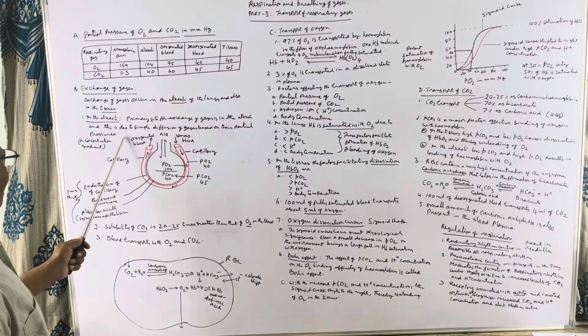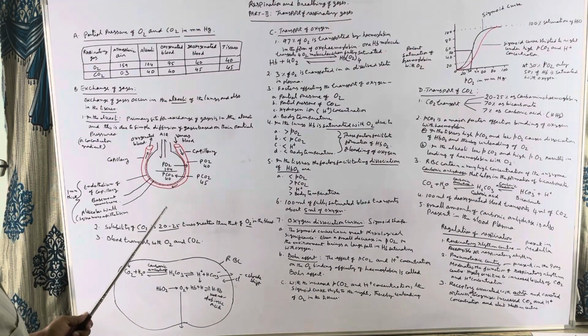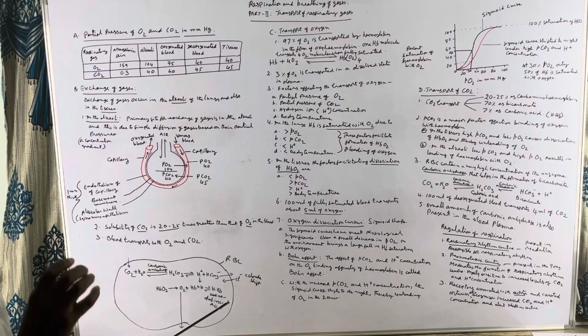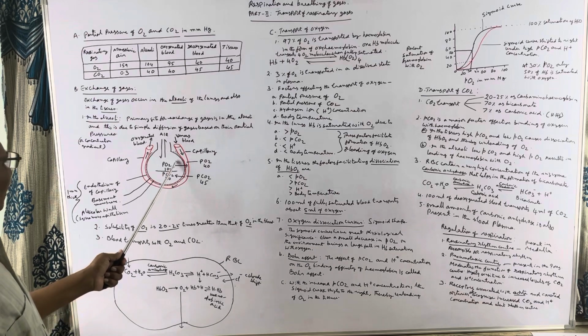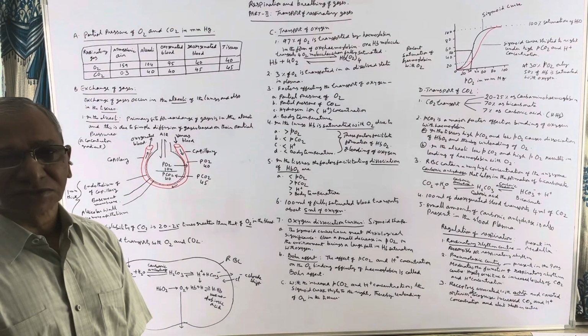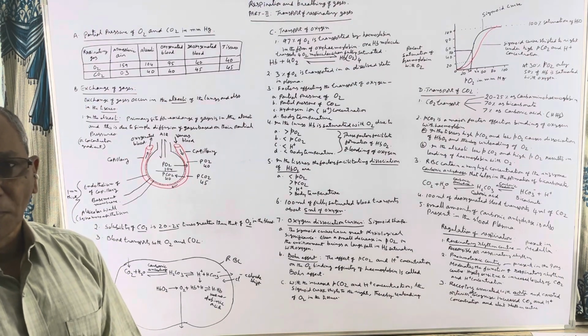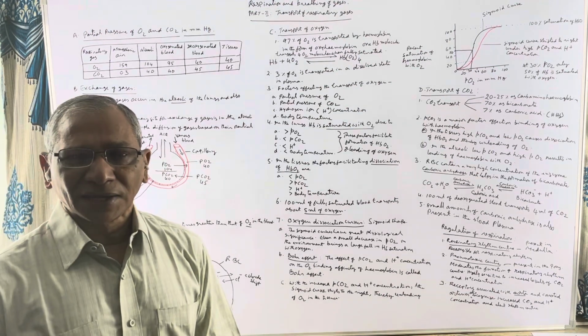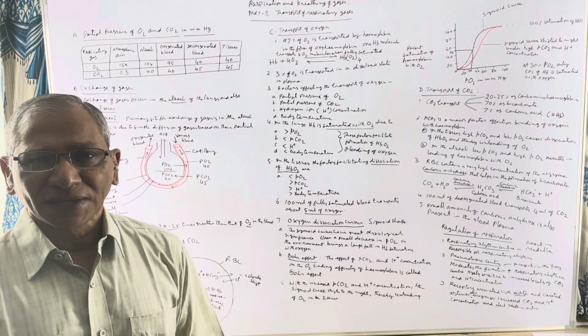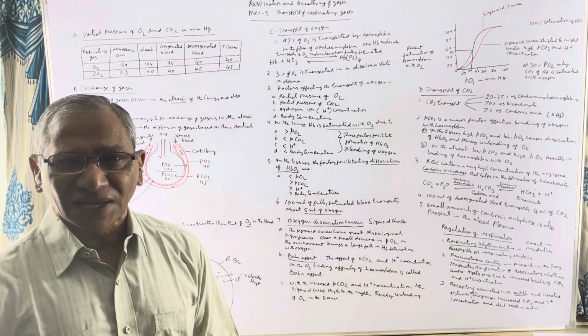Then, we have to study the structure of one alveolus. This is the alveolus. It is a sac-like structure. The alveoli are surrounded by blood capillaries. The blood flowing through the capillary and the air present in the alveoli are separated by three very thin layers.